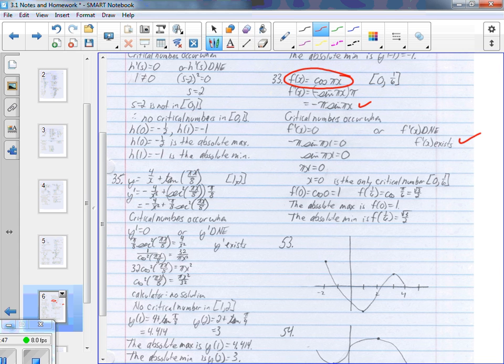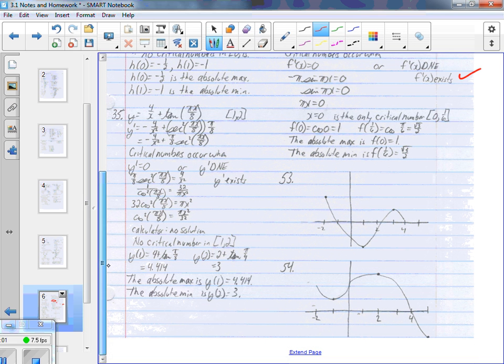We're supposed to have an absolute maximum at x equals -2, an absolute minimum at x equals 1, and a relative maximum at x equals 3. So when I did this, the first thing they tell me is absolute maximum at x equals -2.